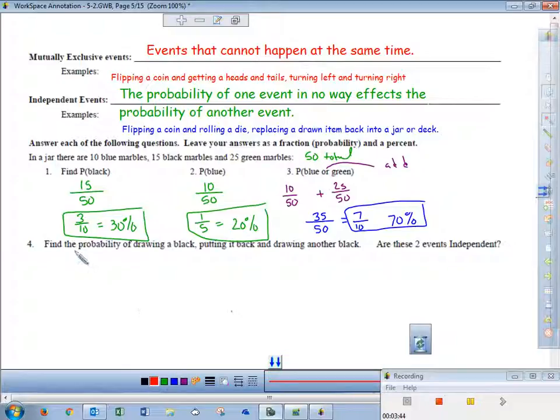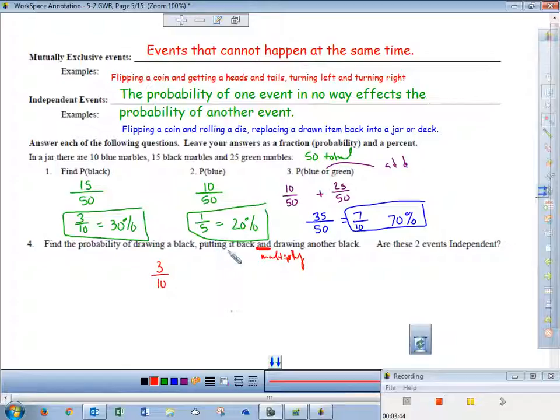Alright, so now find the probability of drawing a black, putting it back, and drawing another black. And means multiply. So when we're doing some crazy probability problems, and means you're going to multiply. So we've got to find the probability of drawing a black, which we already have. It's 3/10.